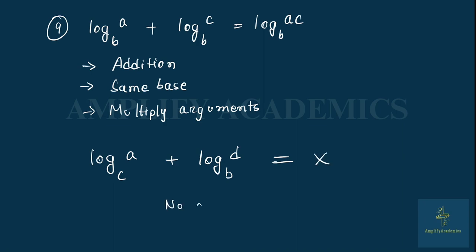It's because your bases have to be the same in order to multiply or do any sort of operation. So in this case, your bases are different. Doesn't matter if your arguments are the same or not. So if your bases are different, nothing's going to happen.